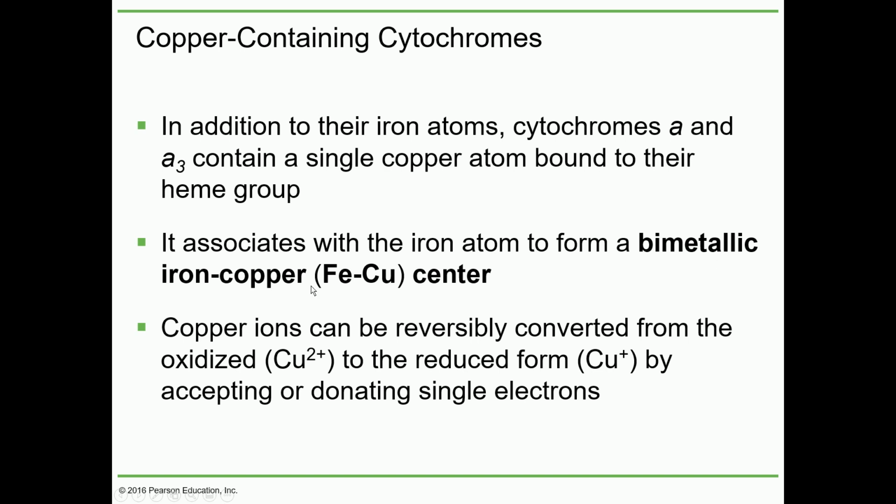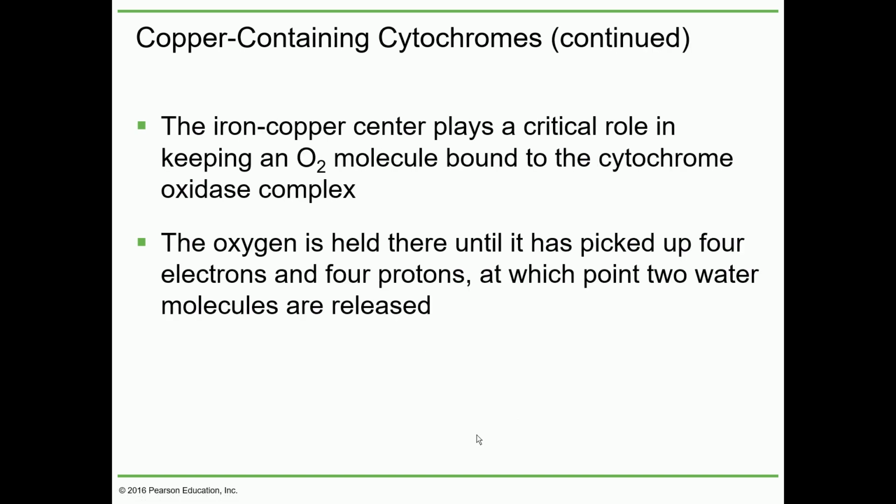It associates with the iron atom to form a bimetallic iron copper center. These copper compounds can also be oxidized, copper plus 2 reduced to copper plus 1, by accepting or donating the electrons. So this is some information about these proteins which make the electron transport chain.